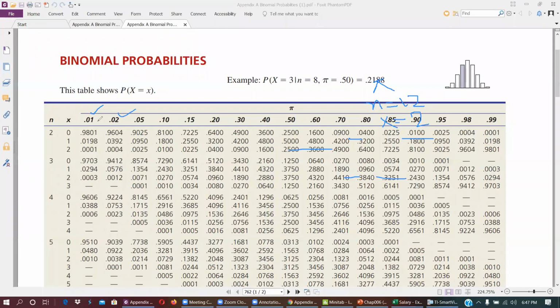This is 1%, 2%, 3%, 4%. So this is pi value. Here this is n. N equal to 2, 3, 4, 5, 6. So we are just checking n equal to 4. What is the x value here? This is x value. X value is 2.